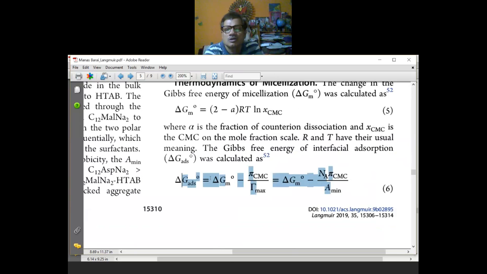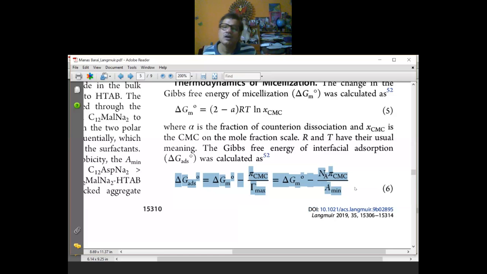Free energy of adsorption, delta G0 adsorption, is equal to the free energy of micellization minus pi CMC by gamma max. What is pi CMC?